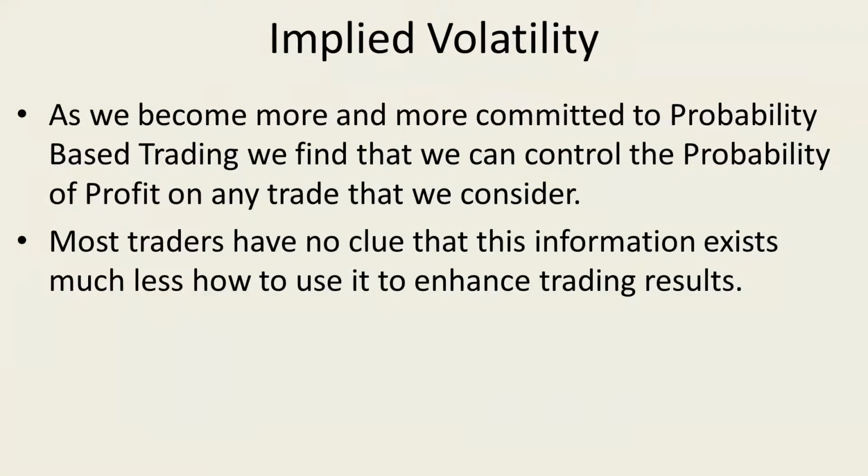We know that we've got about a 70% probability of success and a 30% probability of losing, but we can control that. It's comforting knowing that I can sit here next year and know that my win rate's going to be around 75%. I don't know how much money I'm going to make because that depends on the volatility, which has, of course, been low lately. That gives me enough premium, but we can control the probability of profit on really any trade that we consider.